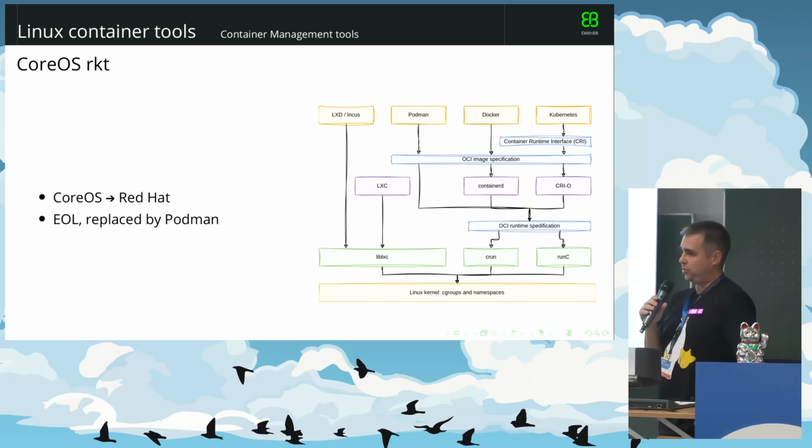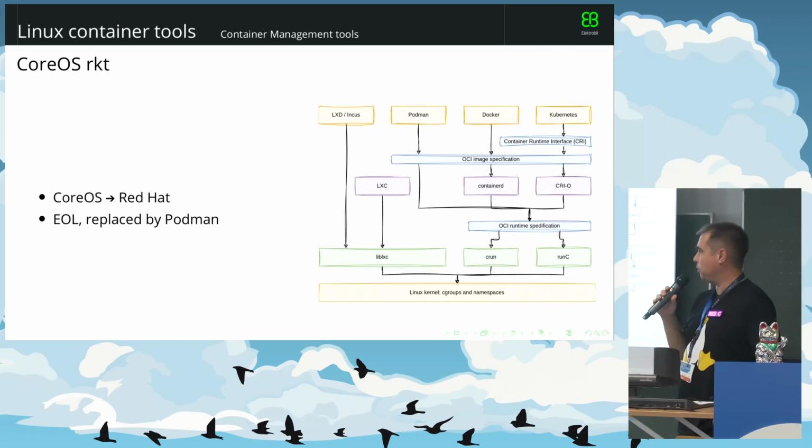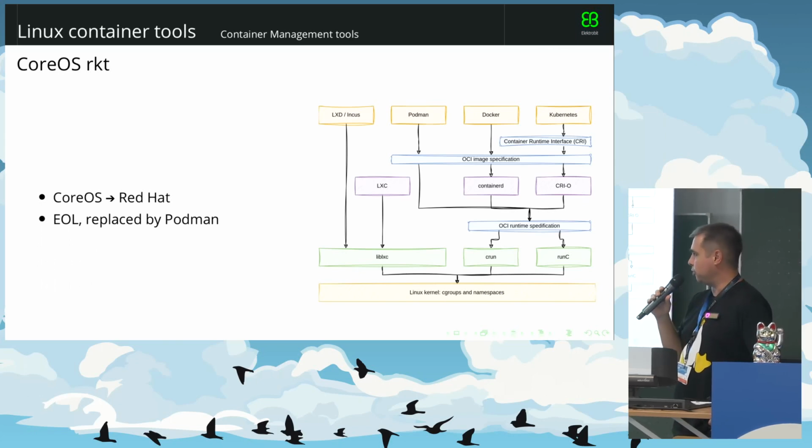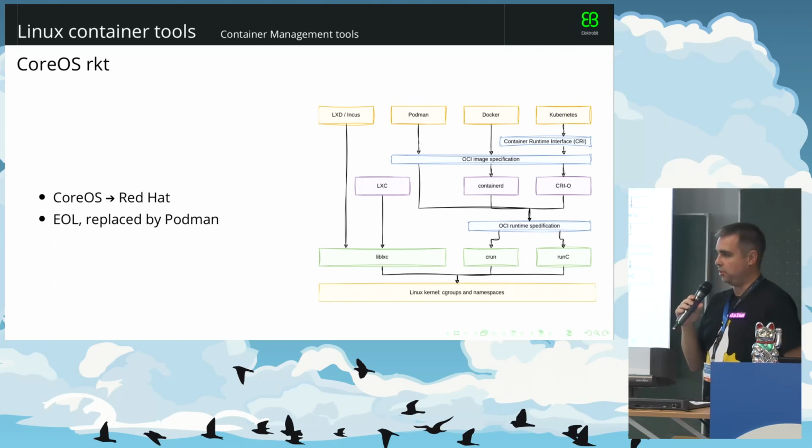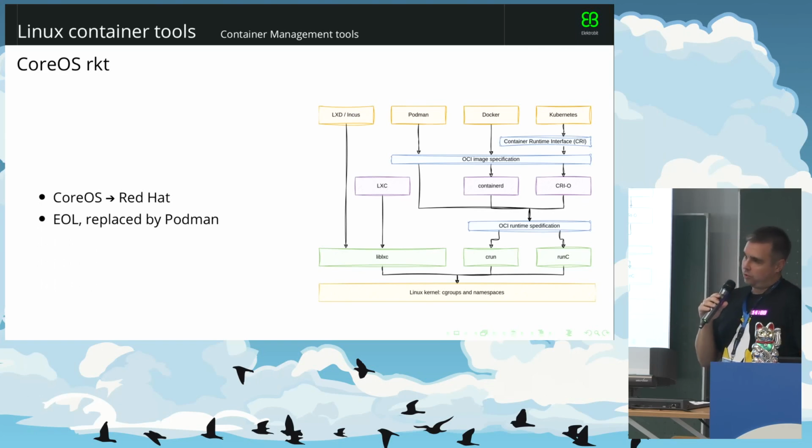It comes from the beginning of this OCI world, and was initially developed by CoreOS, which was taken over by Red Hat. Finally Rocket was ended and somehow partially merged into Podman, or at least ideas were taken over into Podman. So if you still use Rocket, maybe you should take a look at Podman.